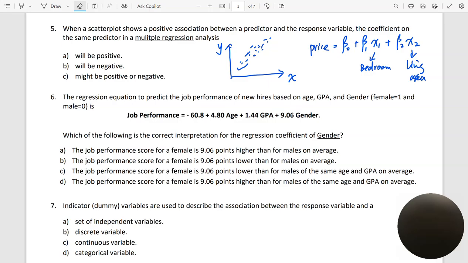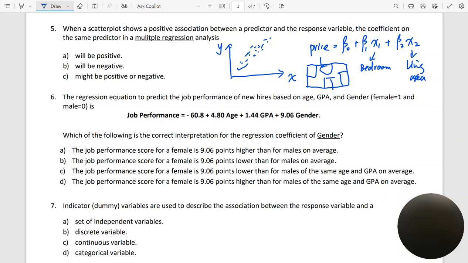Then if you still remember, the coefficient of the bedrooms changed to negative because now, whenever we talk about the coefficient for the bedroom, we need to keep everything else fixed, constant, right? So that means when the living area is fixed, if you keep adding bedrooms into the room, then the house is not preferred. The house price will decrease. The coefficient for the bedrooms will change to negative.